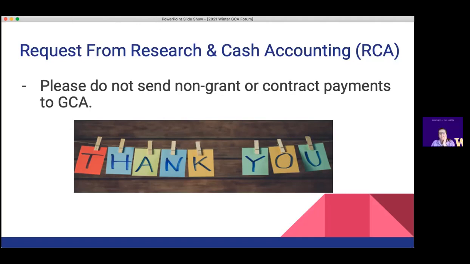This is a special request to please do not send non-grant or contract payments to GCA. What ends up happening is the team receives those and they're not really sure, so they spend a lot of time trying to find a home for a payment that doesn't belong with us. Some common cross-pollination places are gifts.